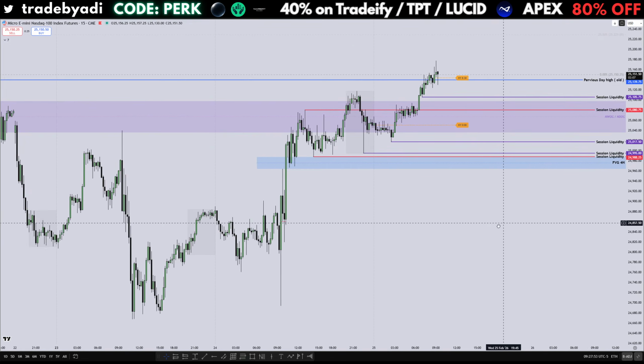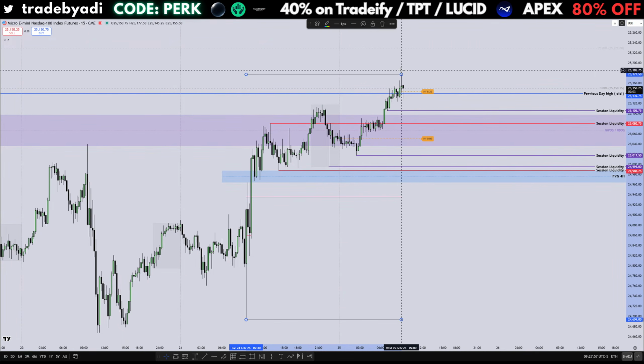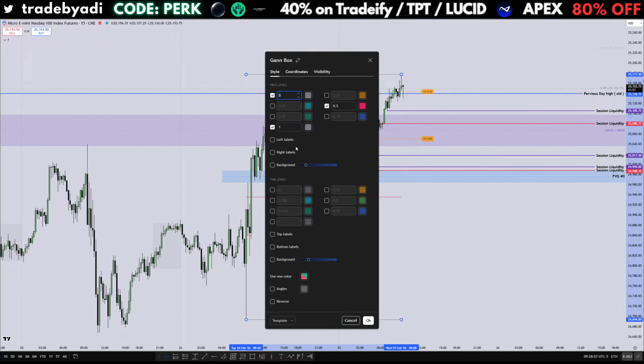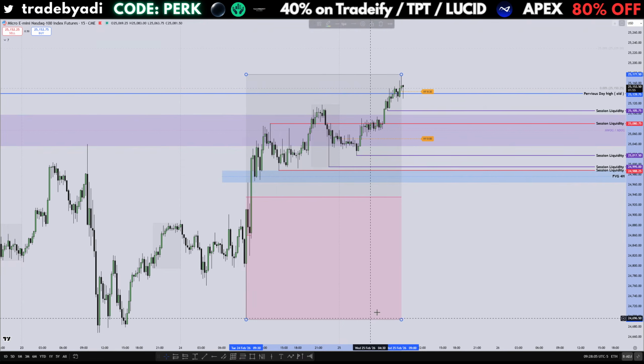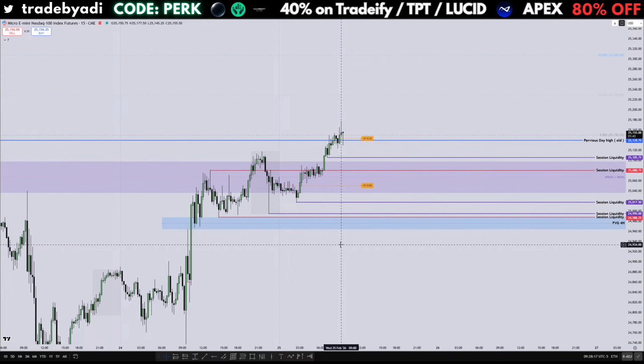So the current dealing range will be this one. If price shows displacement to the downside, a strong displacement, then only are we going to look for the sell. Otherwise, we will just watch the market.